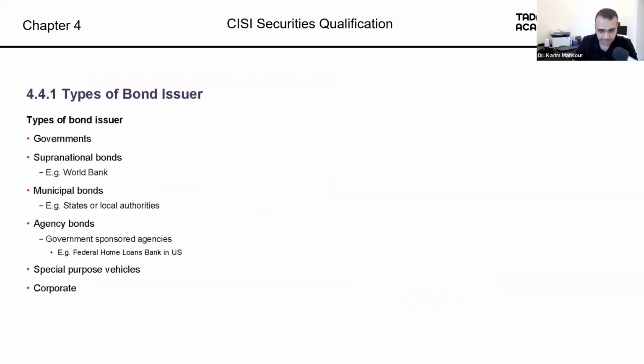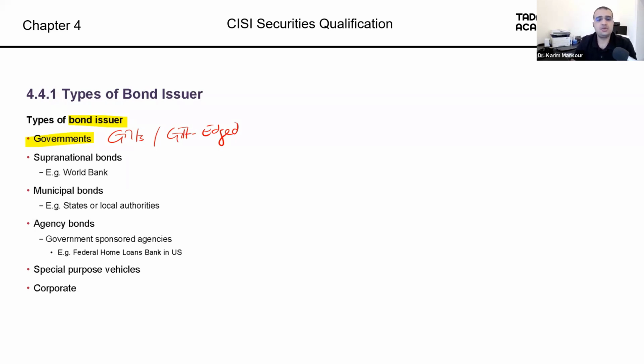Let's look at the issuance of bonds. Not all bond issues obviously are listed. So who issues bonds? Governments, usually called treasury bonds. In the UK, they're called gilts, or gilt-edged bonds.